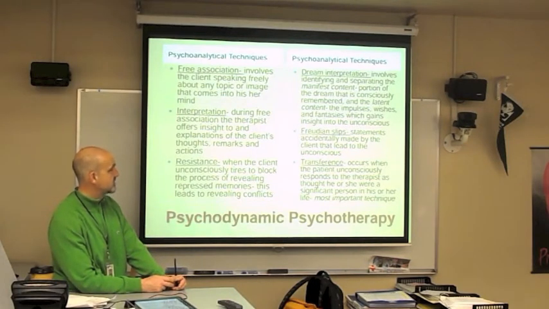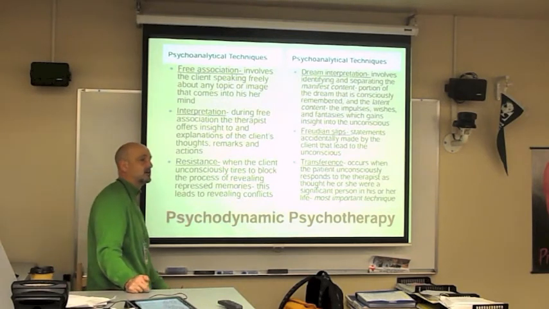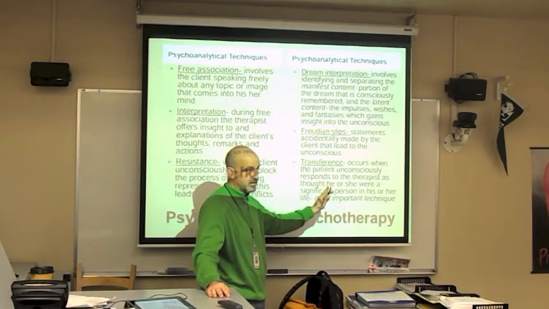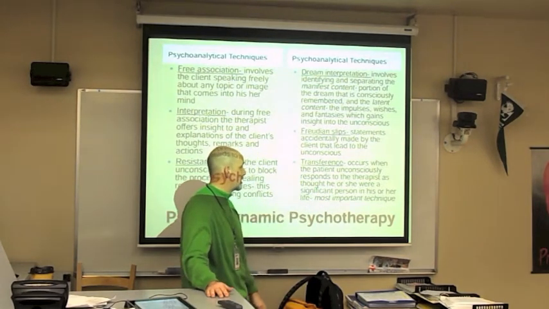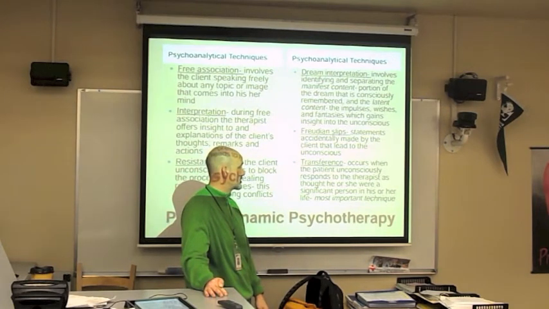Now, we already talked about Freudian slips, but transference is another very important technique psychoanalysts rely on. This occurs when the patient unconsciously, again, they're not aware of it, responds to their therapist as if he or she was a significant person in his or her life.